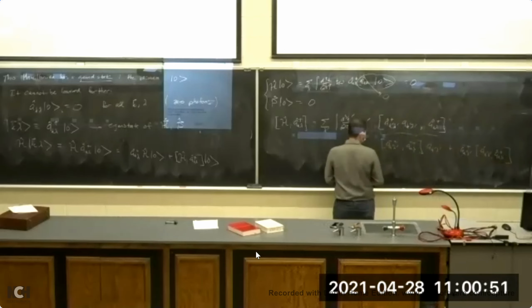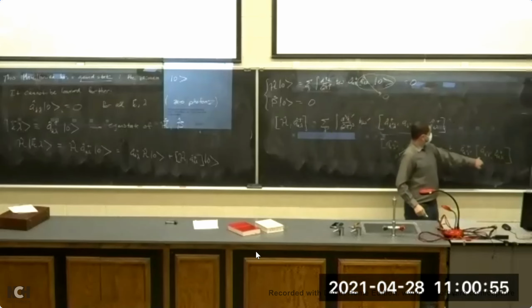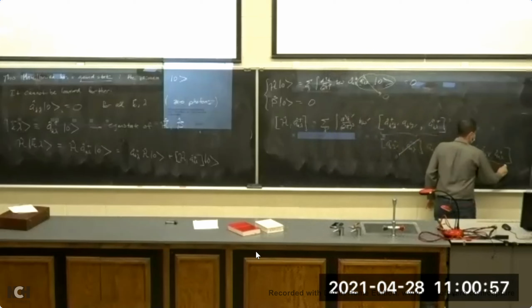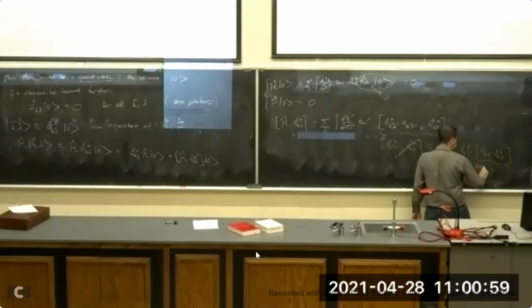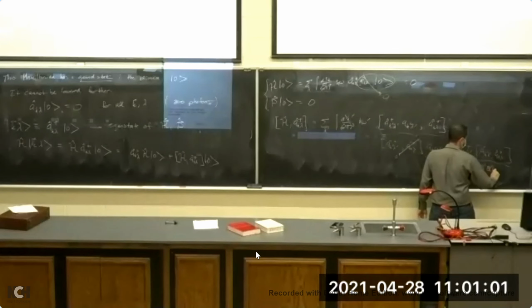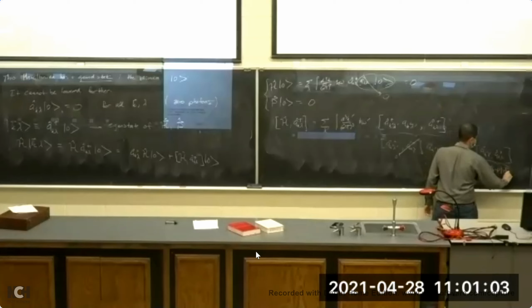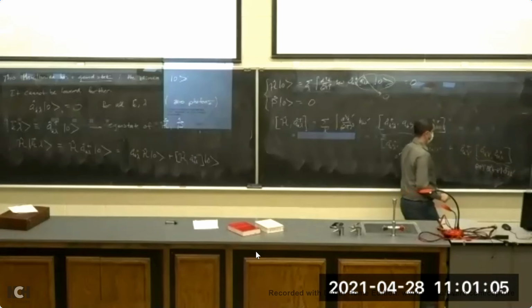The commutation algebra tells me that A dagger with A dagger is 0. A with A dagger, however, is not. This one gives me (2π)^3 delta function of k minus k prime, delta lambda lambda prime.